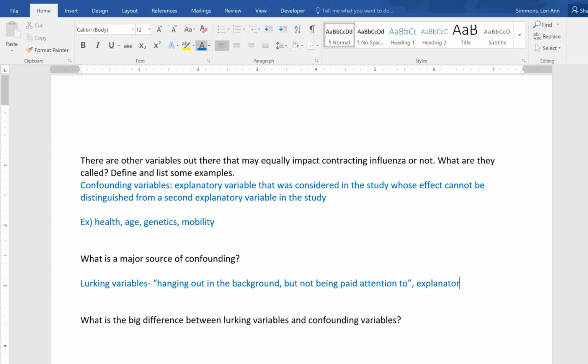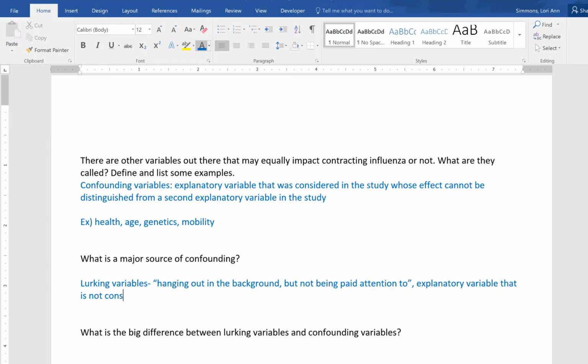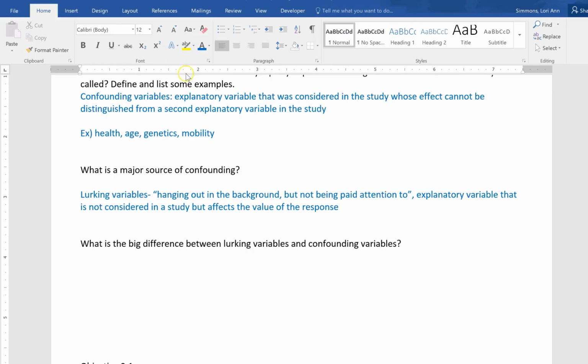It is an explanatory variable that is not considered in a study, but affects the value of the response. So what exactly is the difference between lurking and confounding variables? Well, lurking variables are not considered in the study, and confounding variables are measured in the study.